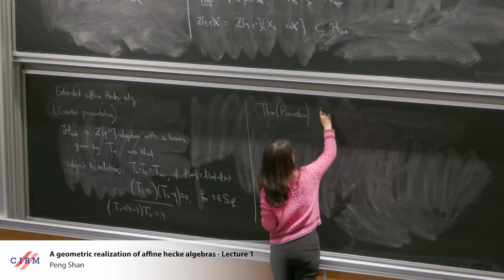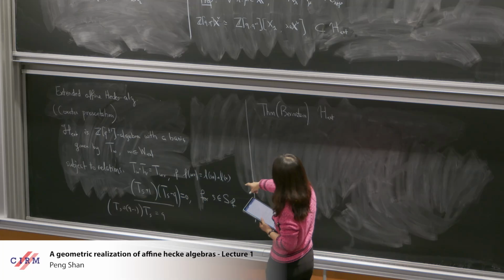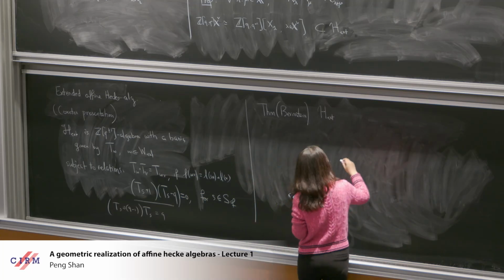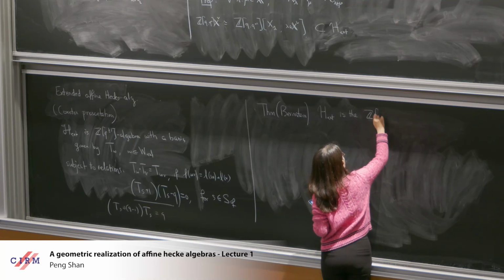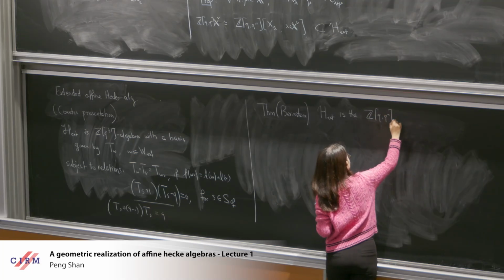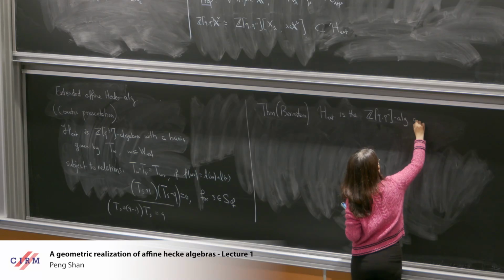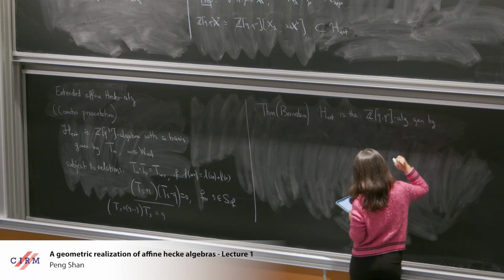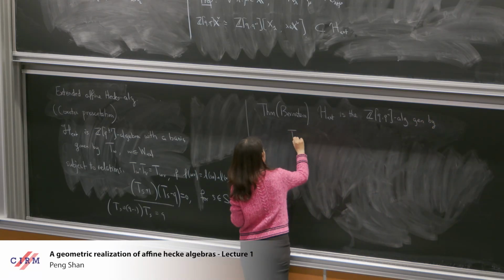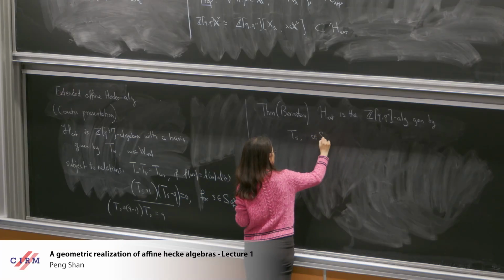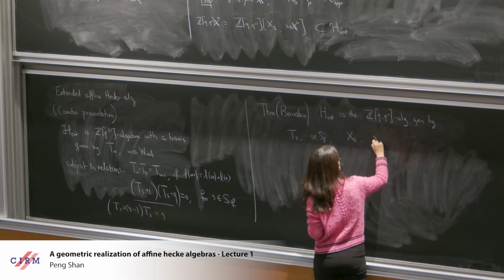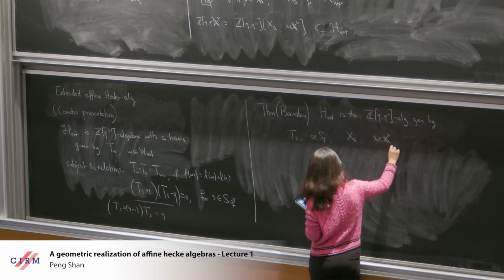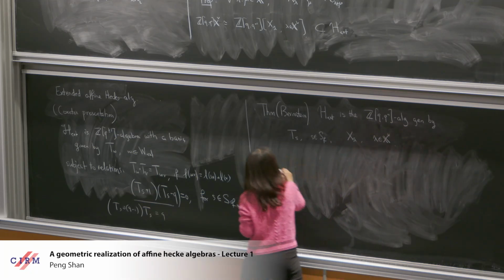It says our extended affine Hecke algebra, defined in this way, is also the Z[q, q inverse] algebra generated by T_s for s a finite reflection, and X lambda with lambda belonging to X check, subject to the following relations.